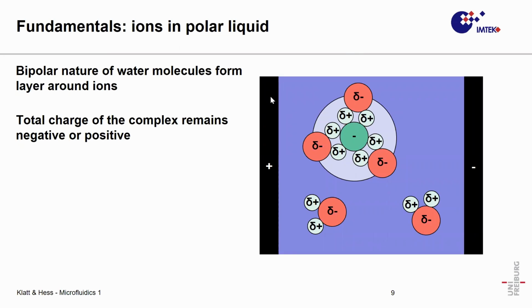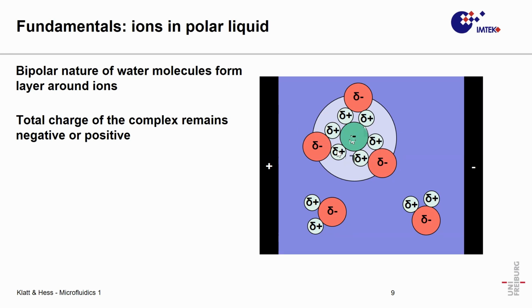In general, it's possible that bipolar liquids form layers around your ions. So if we take water, H2O, and a negatively charged particle, the H atoms will build a layer around your negatively charged particle.